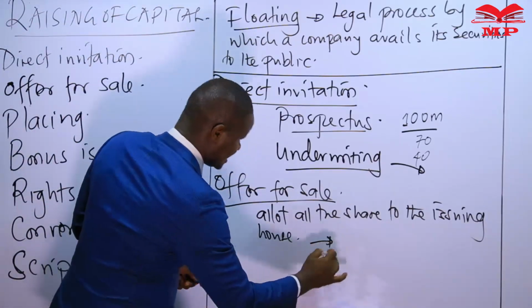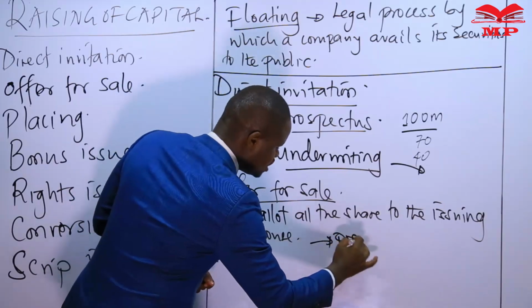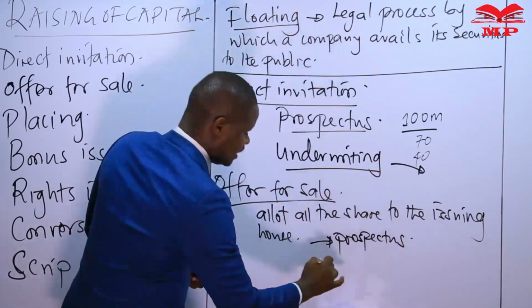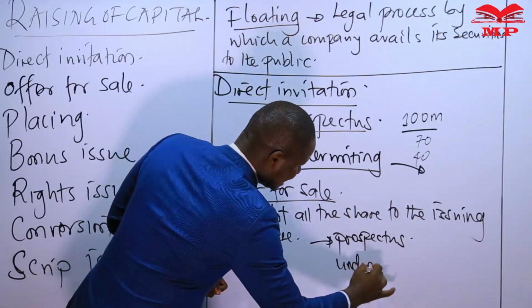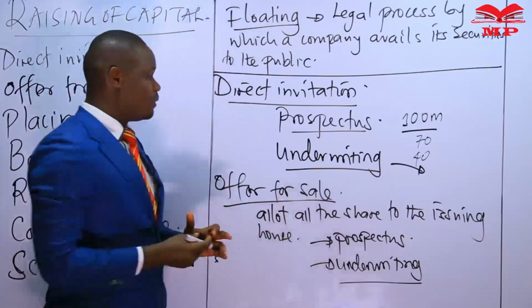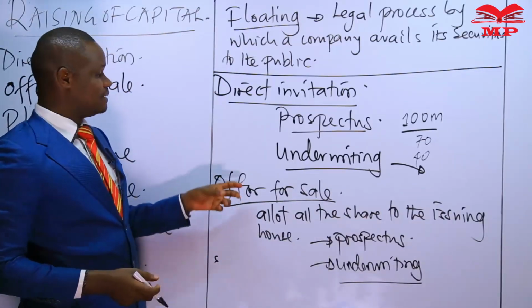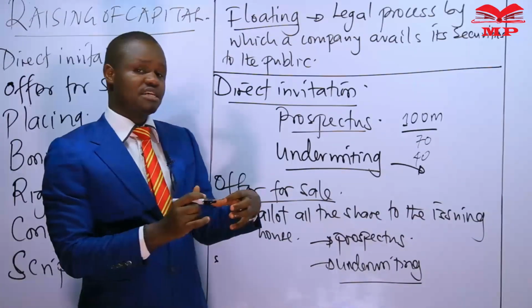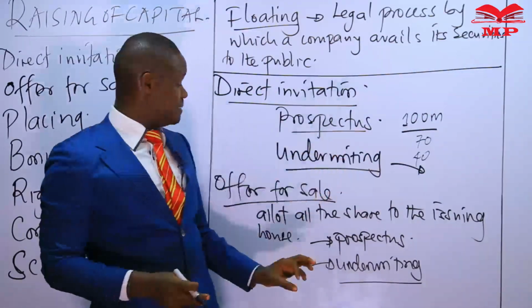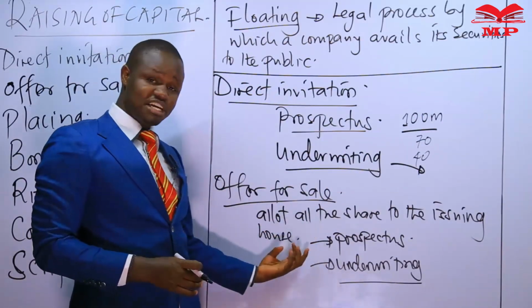So the issuing house takes up responsibilities such as preparation of the prospectus. They will also be arranging any underwriting if necessary to underwrite the issue. So in a way, in the offer for sale, the company wishing to raise capital gets another company to do the work for them. So this second company is the issuing house.